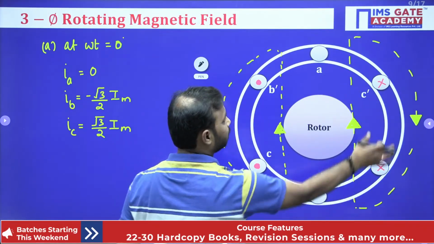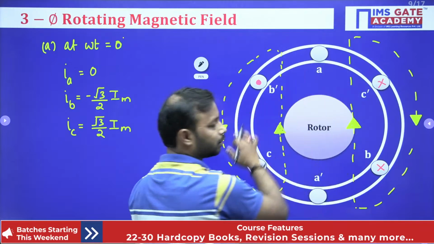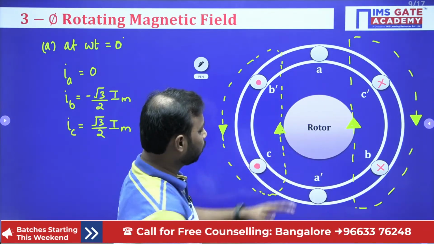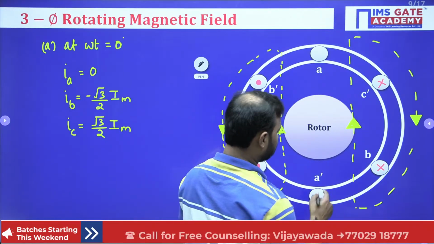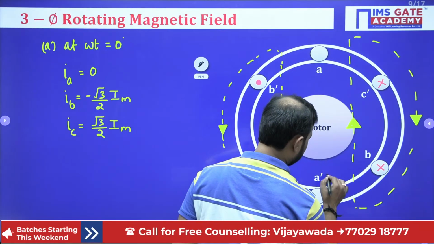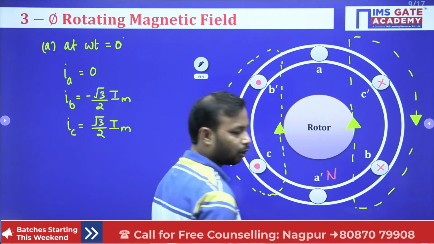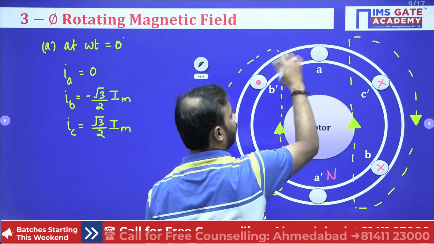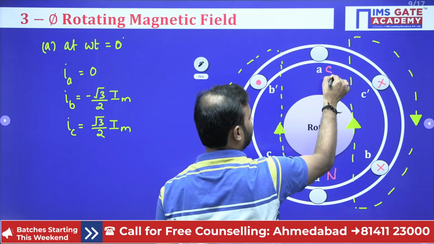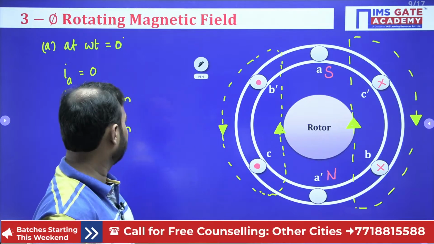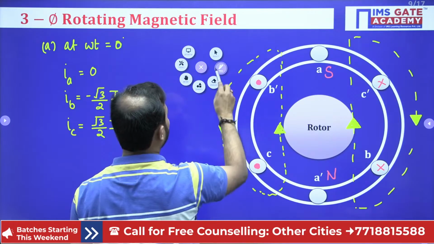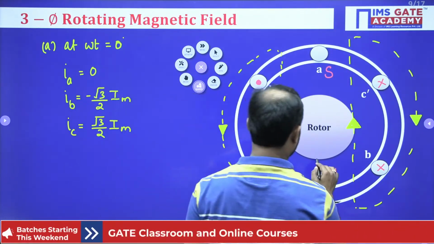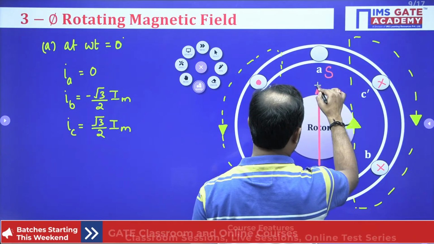Since this is an iron core, from here the magnetic field will enter into the air, so this part behaves as a north pole. And here it is entering into the iron core, which means this part acts as a south pole, isn't it? So the direction of the resultant magnetic field will be this one.